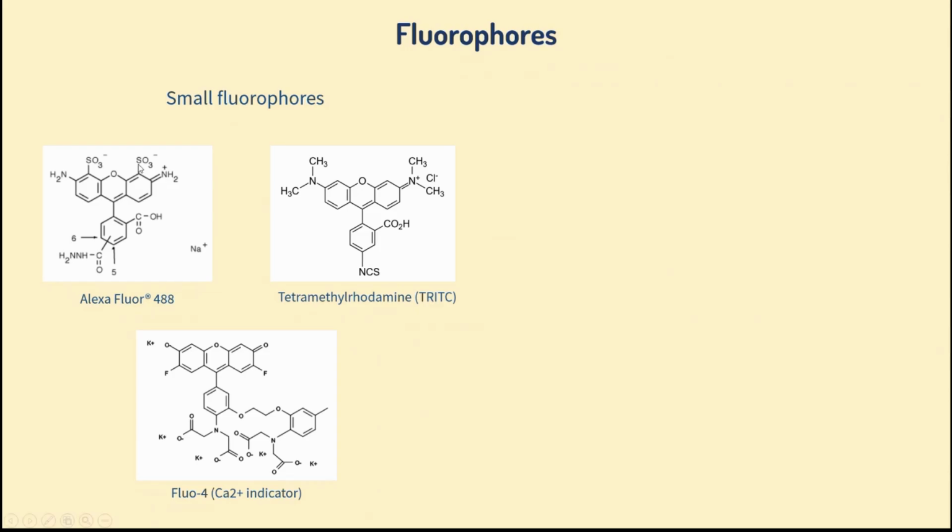We have small fluorophores, which are very small molecules, like Alexa Fluor, which is one of the most used green fluorophores. Tetramethylrhodamine is one of the very famous red fluorophores. And this is a green fluorophore, but it enhances its fluorescence when it's bound to calcium. So we use it as a calcium indicator.